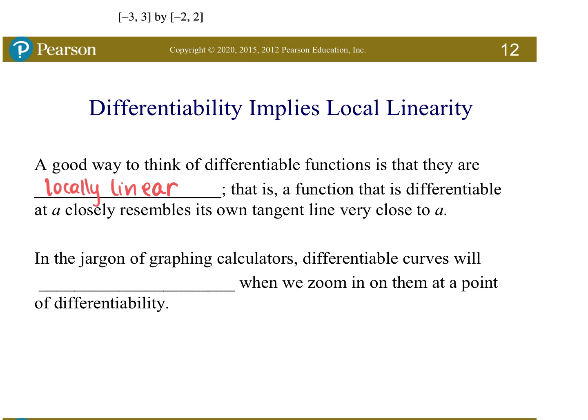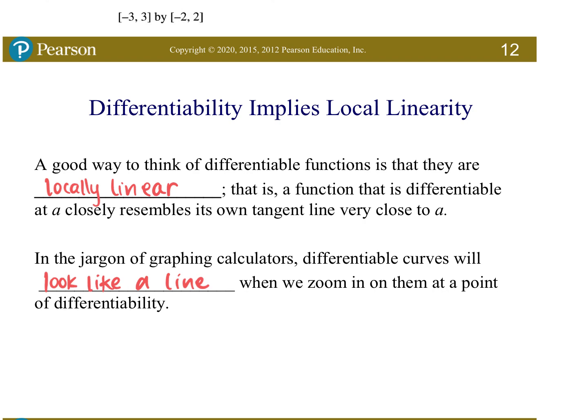No matter how curvy the graph is, if you zoom in close enough, in that locality, it will be linear, it will eventually look like a line, in the jargon of graphing calculators, when we zoom in on them.